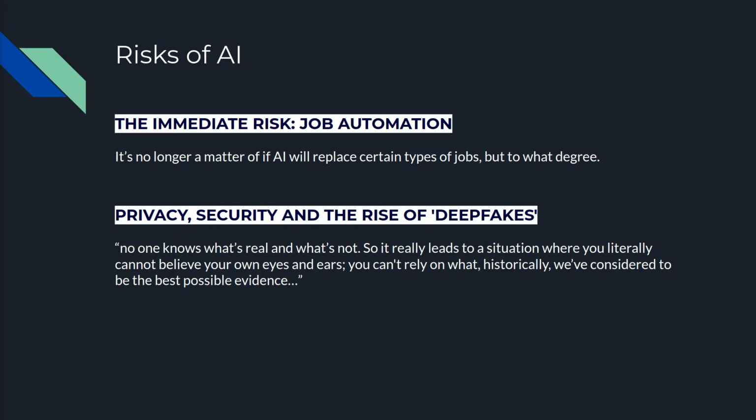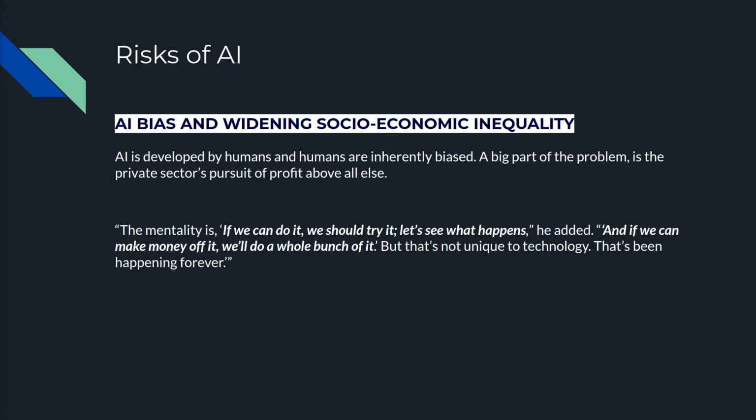The other risks of AI include bias and the widening of socio-economic inequality. What do I mean by AI bias? An AI is only as good as the model it is trained on, or the model it makes decisions based on. We are humans and we are biased.